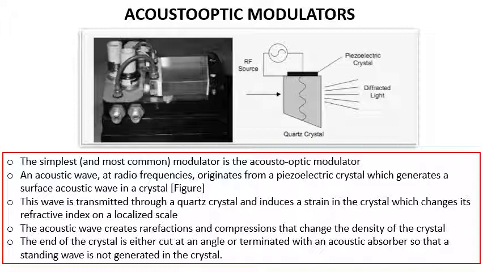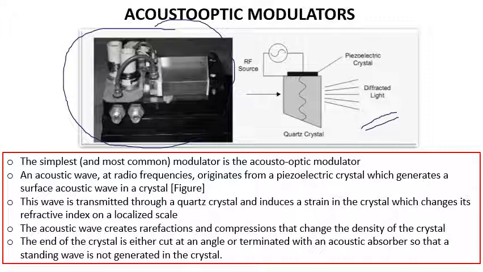So what do you see here in this diagram? This is the actual acousto-optic modulator, okay? And this is its function. This is the RF source, radio frequency source, and here is a piezoelectric crystal, which vibrates, and this is a quartz crystal.